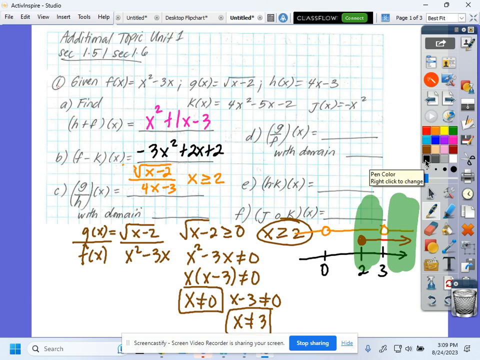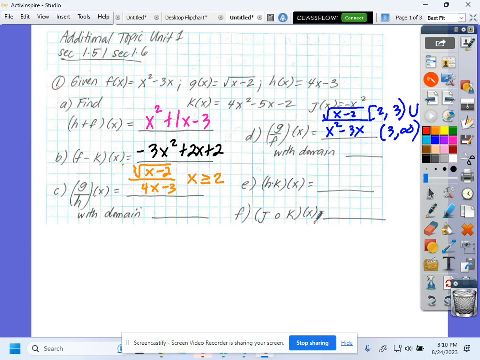So the answer for letter D would be the square root of x minus 2 over x squared minus 3x, but the restriction must be from 2 to 3, union, 3 to infinity.